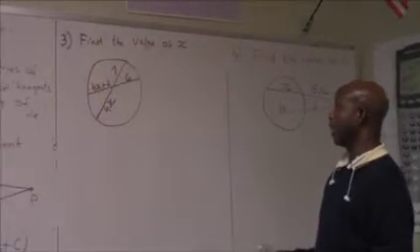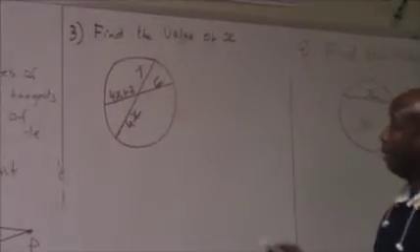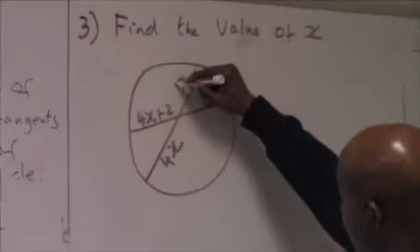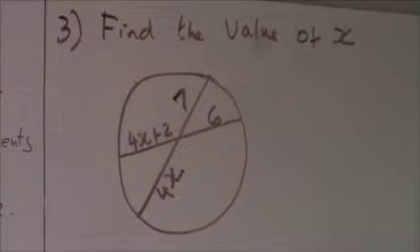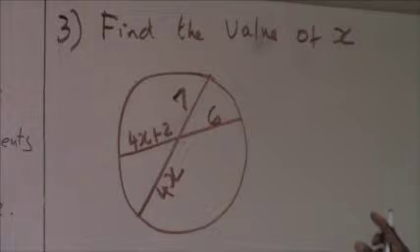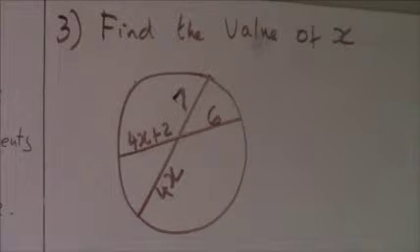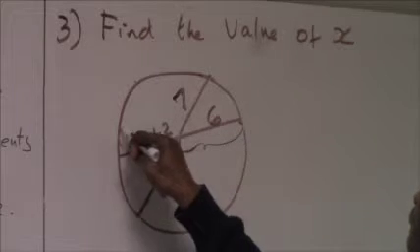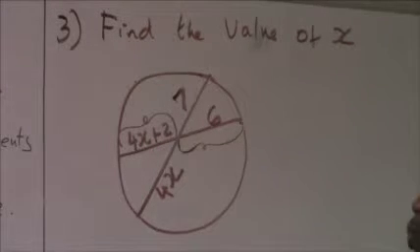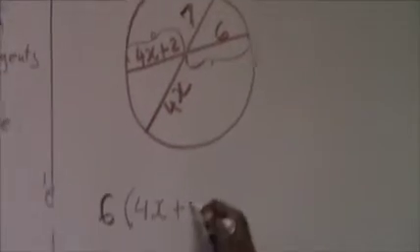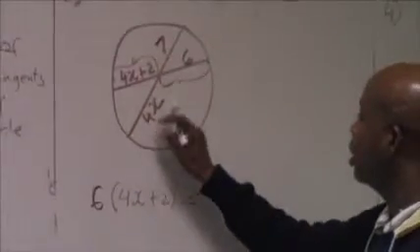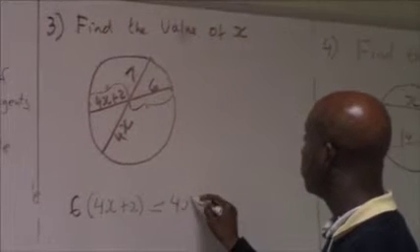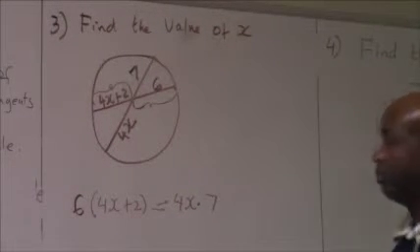In number 3, we have chords intersecting inside the circle. So we know by rule the product of the parts of each chord must be equal. For example, 6 times whatever we have from here, which is 4x plus 2, must be equal to 4x times 7.